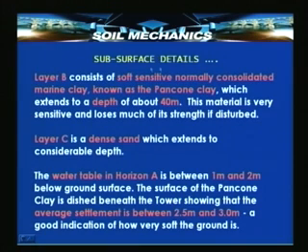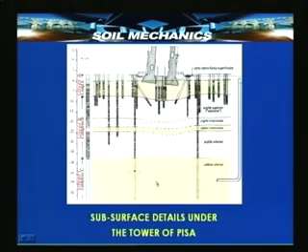So, this is the culprit. Below this, layer C is dense sand, and there is a water table in layer A. Now, you can see in this diagram that layer B has settled, and that is the reason why the tower has tilted. If the tower had undergone uniform settlement, perhaps it would not have been a serious concern, but this differential settlement leading to tilting had become a serious concern.